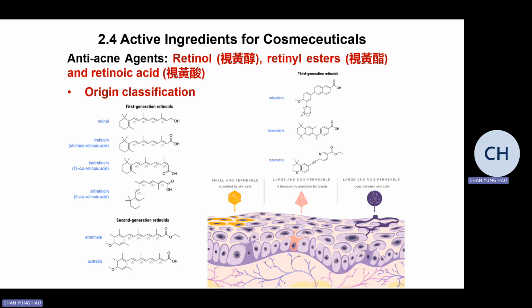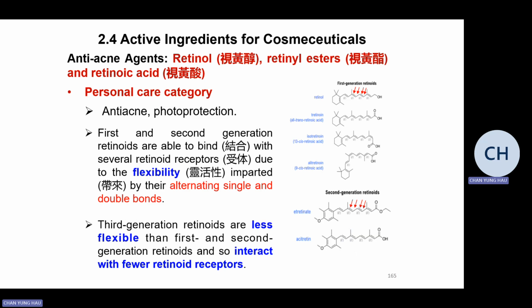So this will be a different origin classification of retinol. For the personal care category, we have three major generations of retinol. The first and the second generation bind with several retinol receptors because they are more flexible. But the third generation retinol is less flexible than the first and second generation, so it will interact with fewer retinol receptors.